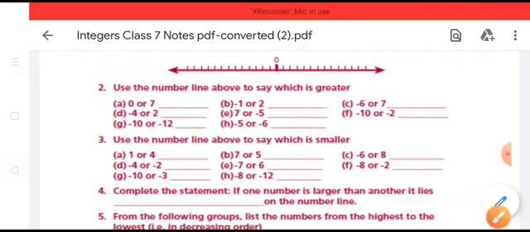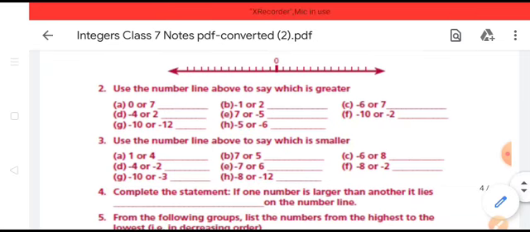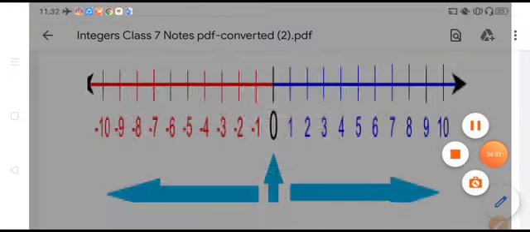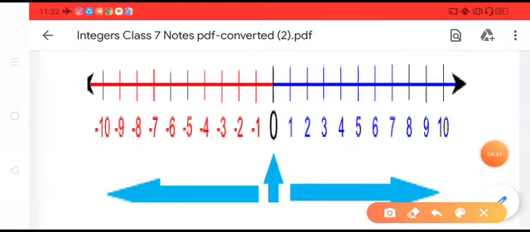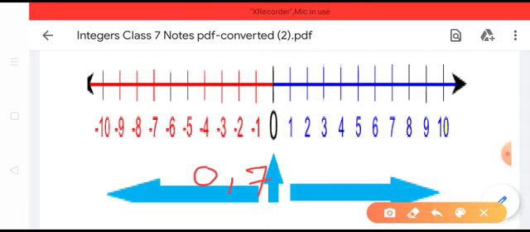Next question: use the number line above to say which is greater. Using the number line, you have to tell which is greater, 0 or 7. Is 0 greater or is 7 greater?